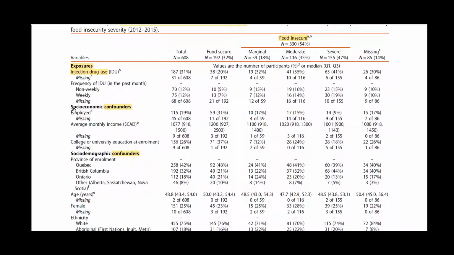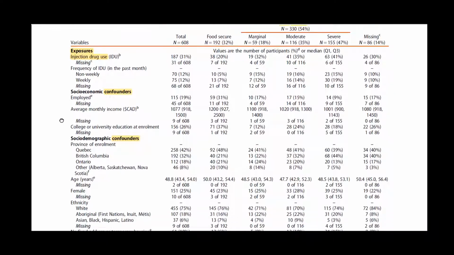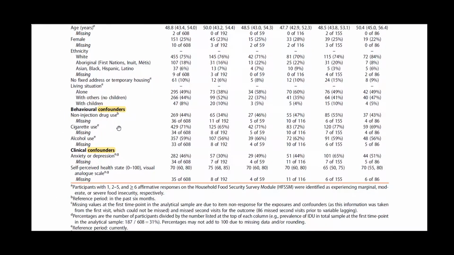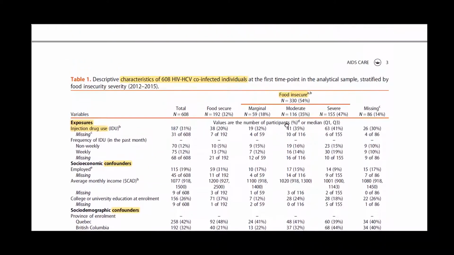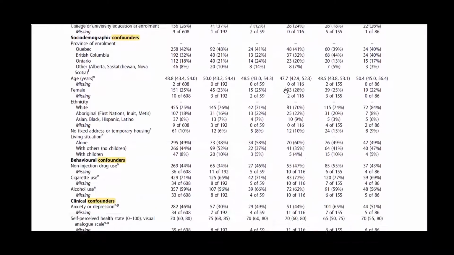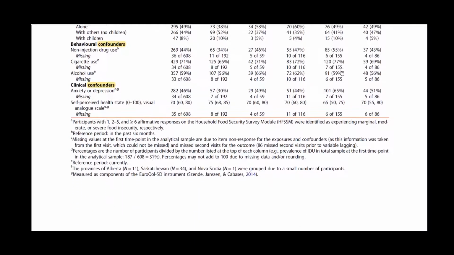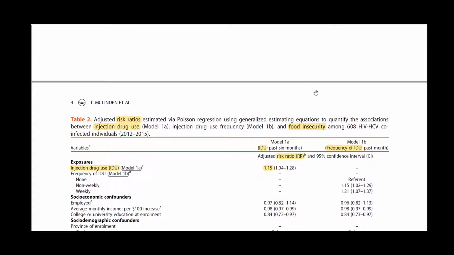We also break down our socioeconomic, sociodemographic, behavioral, and clinical confounding variables in this Table 1. This gives us a better sense of the characteristics of the study sample, which prepares us to look at Table 2.